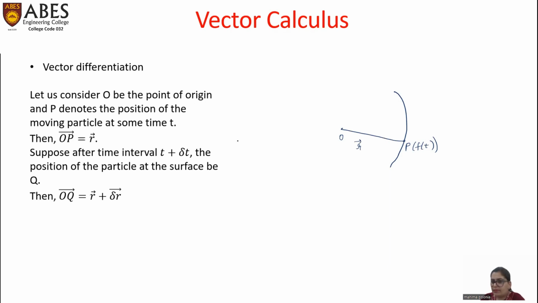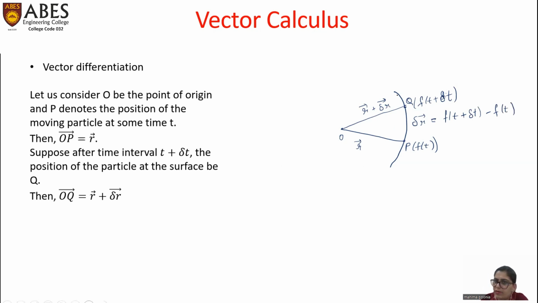Now, after some time delta t, let the particle have moved to point Q. At this point, the function will become f(t plus delta t), and the position vector OQ will be r plus delta r. Here, PQ is denoted by delta r, and it can be obtained by subtracting the position vector at P from that at Q.